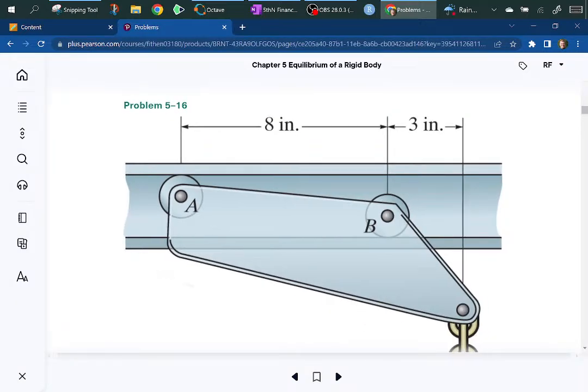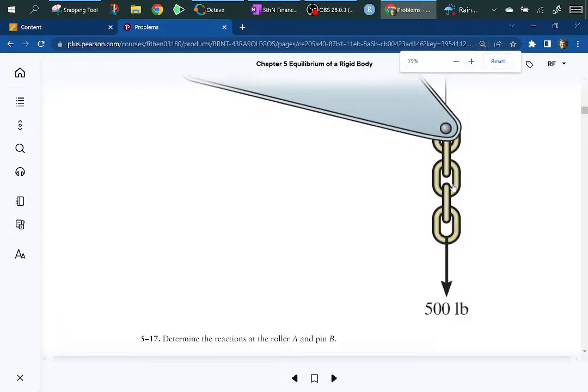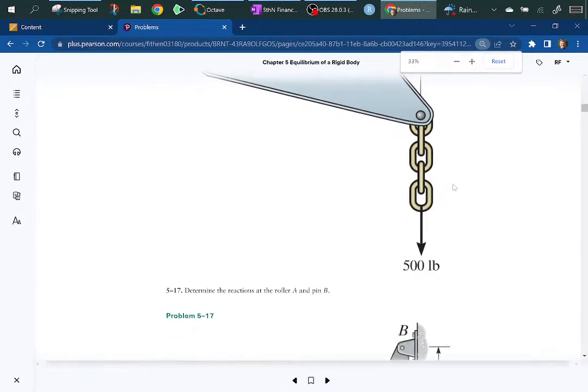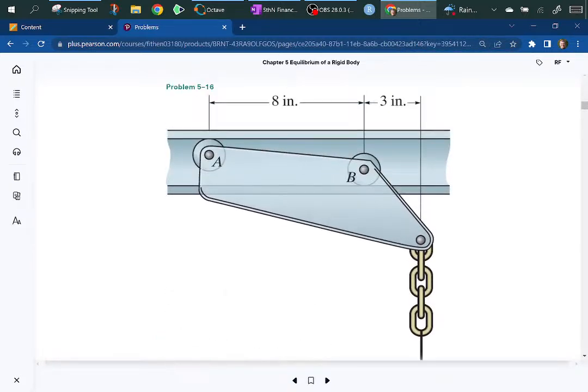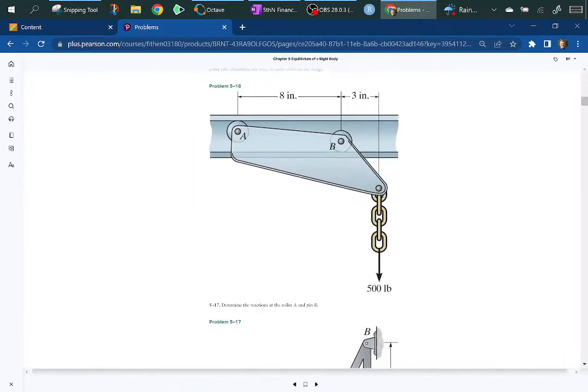But I can't get it to become small enough to grab it. Maybe if I do this. It can't be that big. I do not know what's happening here.